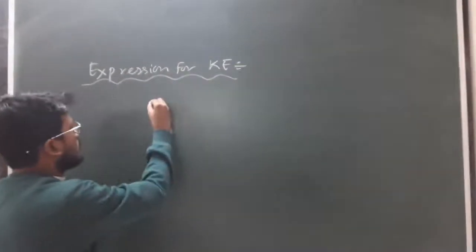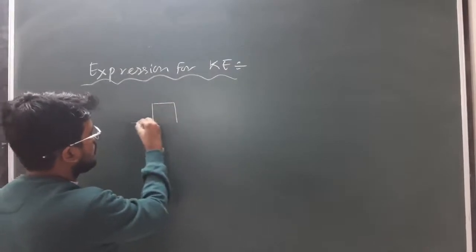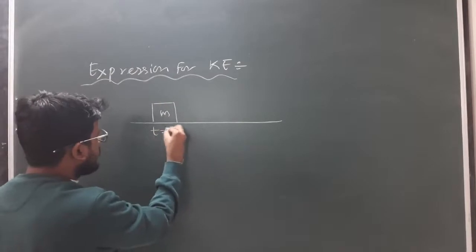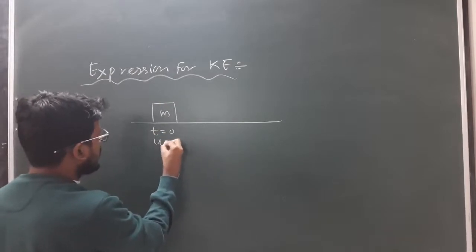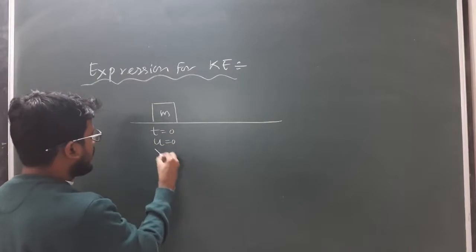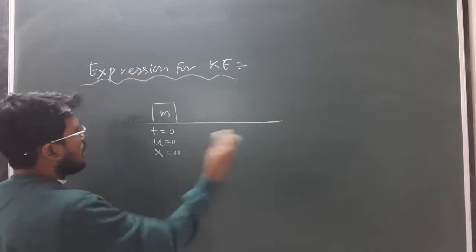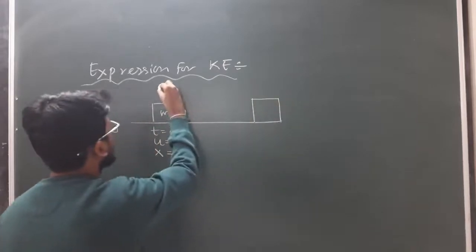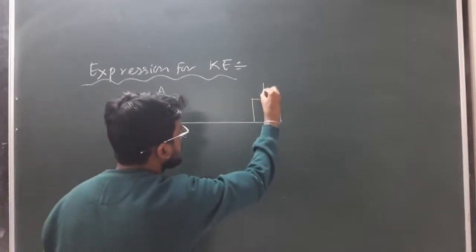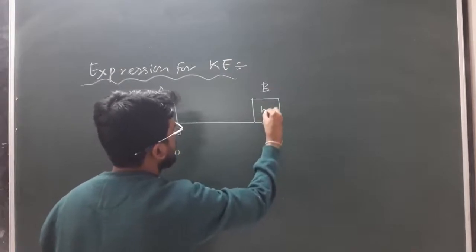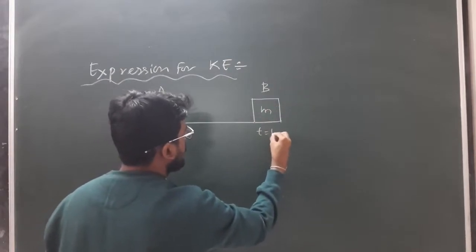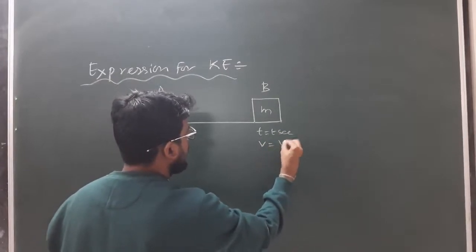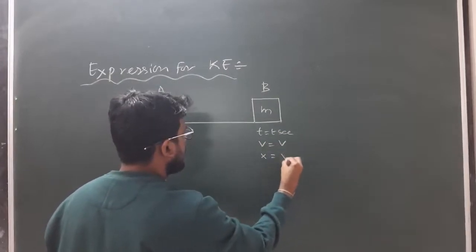So let us consider here is a block of mass m, which at time t equal to 0 has initial velocity u equal to 0, and is at position x equal to 0. And after certain time, due to application of an external force, let this position of the block be A. It is displaced to a point B, the same block, where the time is t second, the velocity of the block has become v, and the distance has become x.